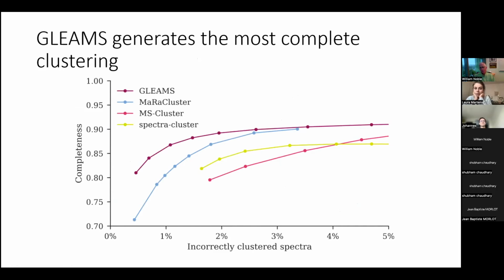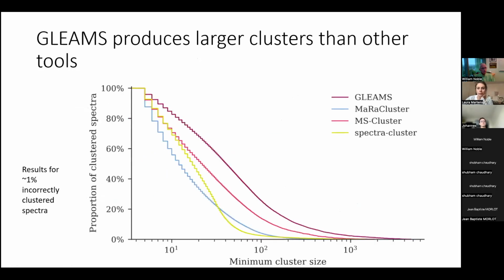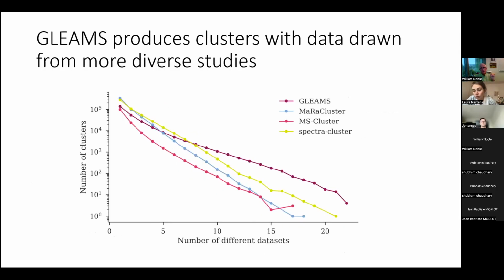This is also reflected in the fact that we just produce larger clusters on average. So this is qualitatively similar data, but now we're actually looking at the cluster size, sort of a CDF of cluster size. And again, Gleams has larger clusters. And then I think more importantly, we showed that Gleams produces clusters with data drawn from more diverse studies.